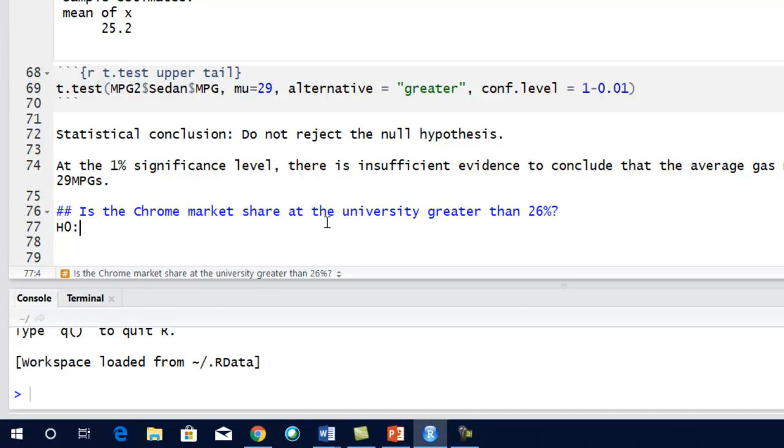The null hypothesis is always the opposite of the main thing that we're trying to prove or discover. So in this case, the Chrome market share at the university is less than or equal to 26%. It always includes the equal sign.